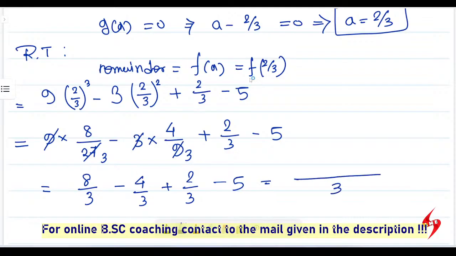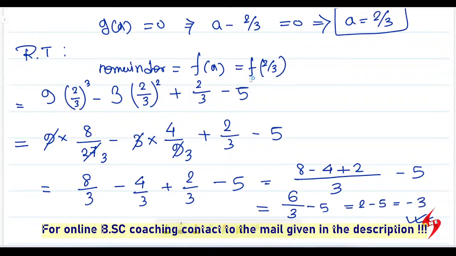So I am taking LCM from these three parts. 8 minus 4 plus 2 minus 5. Okay. So here you can go 6 by 3 minus 5. So definitely 2 minus 5, and that is minus 3. So this is my answer. Minus 3 is the remainder of this division.